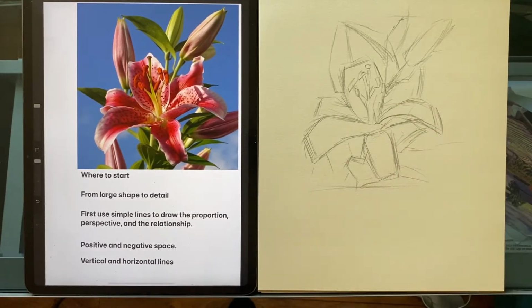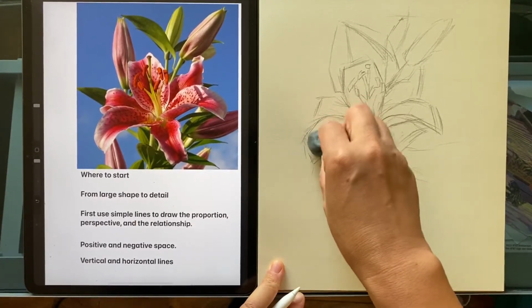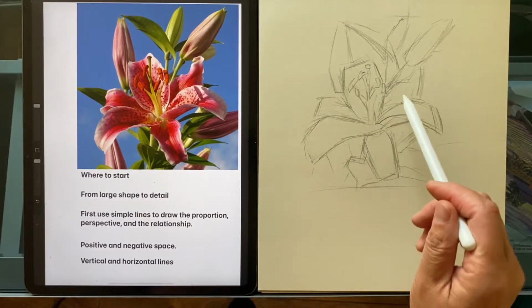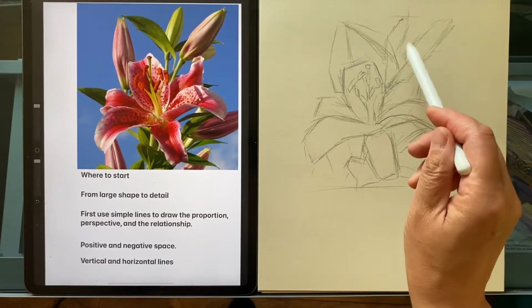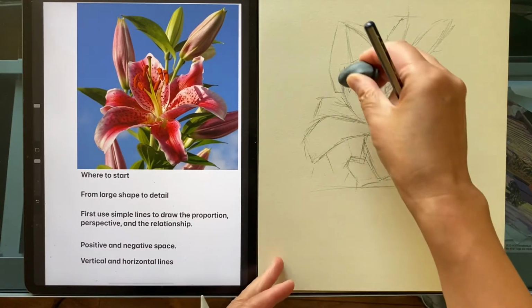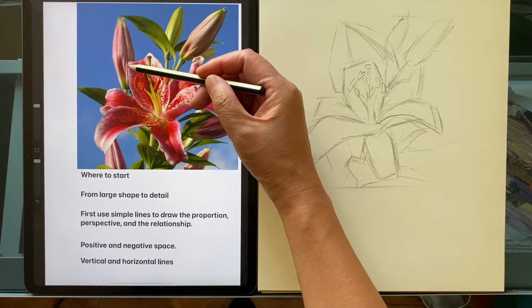Okay, now here is what I have, the first draft. So it's a basic line, everything. Then that's how you start. And I'm looking at the negative space and the positive space. Okay, now, and also I use the vertical and horizontal line, because remember this line?